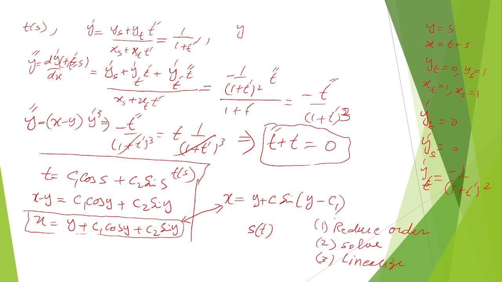So that is for ODEs. The reduction of order is certain if you have a Lie symmetry generator. There is no doubt in the reduction of order. Whether you will succeed to solve or not is a question mark, and linearization is also a question mark. So we did these three things in this video.